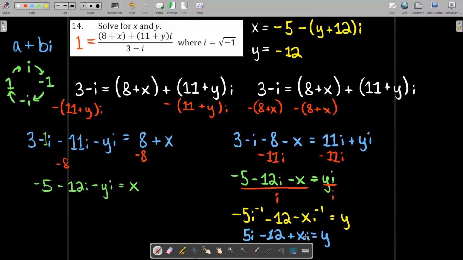And then I'm going to go ahead and put these guys together and factor the i out, just like I did in the previous problem. So that's going to be x plus 5, and then the i is going to be on the outside. And these are the answers. I know it's a really weird problem, but it's really not very difficult math once you get used to it. So maybe watch the video a couple times, and that's it.